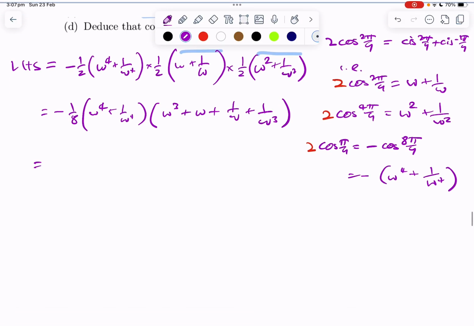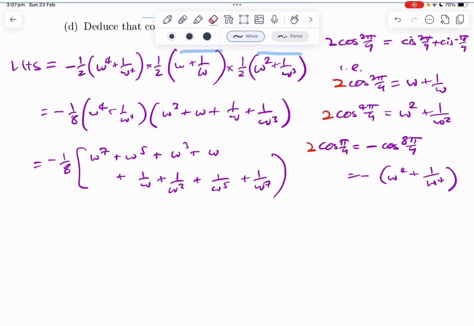And then I'm going to expand it fully to get omega to the 7th plus omega to the 5th plus omega cubed plus omega plus 1 on omega plus 1 on omega cubed plus 1 on omega to the 5th plus 1 on omega to the 7th.